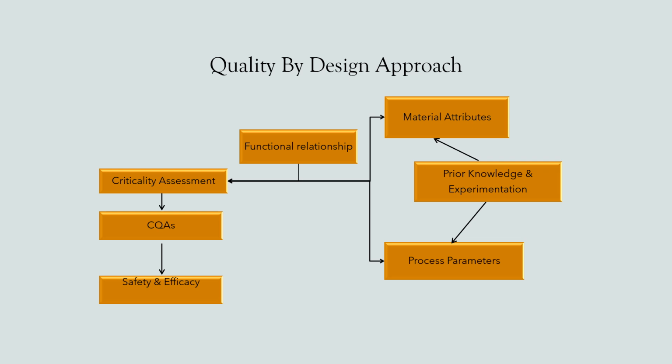So using this enhanced product and process understanding, in combination with quality risk management, that is, performing risk assessments, you can then establish the appropriate control strategy, and I'll go through that in the next slide.